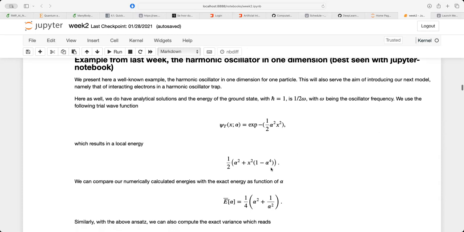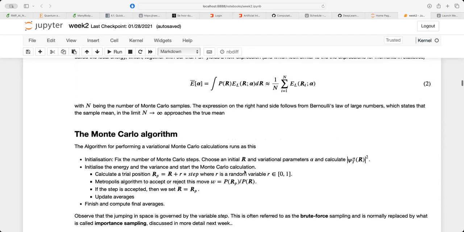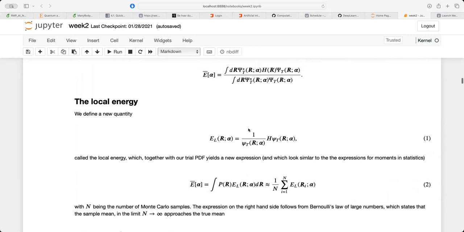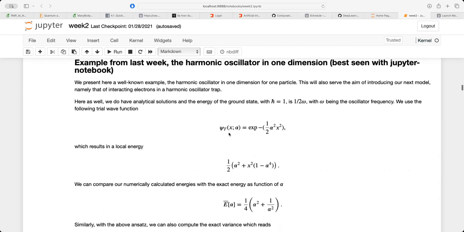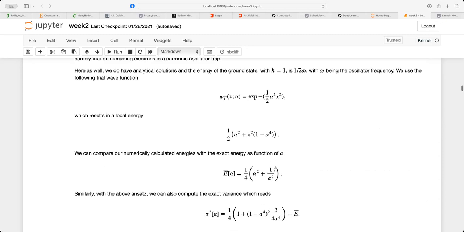We can then, and this was one of the exercises we had last week, calculate the local energy. So the local energy is this quantity which you see here when you take that trial wave function. And then that expression is an expression which you can integrate analytically. And this is what you should get.